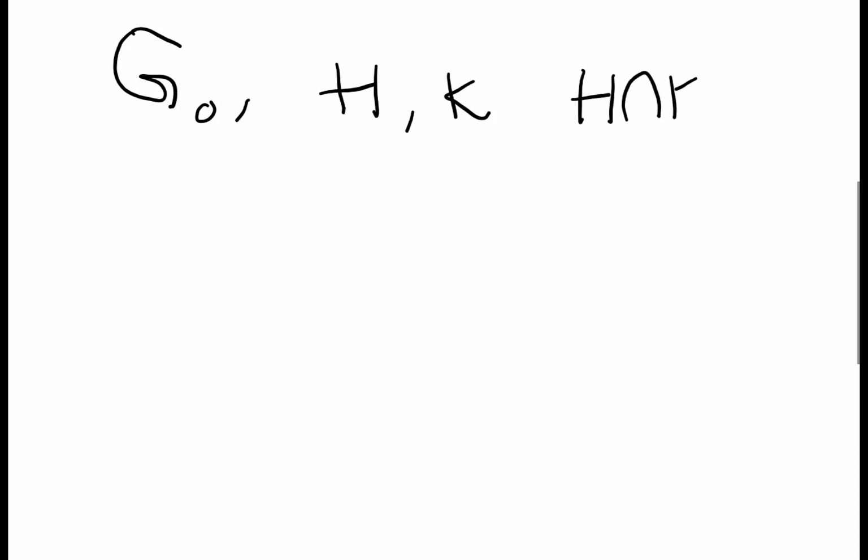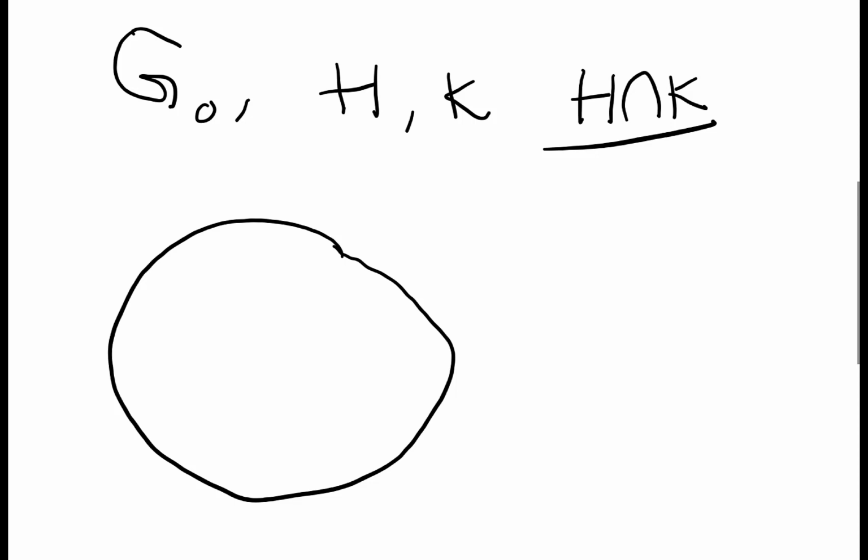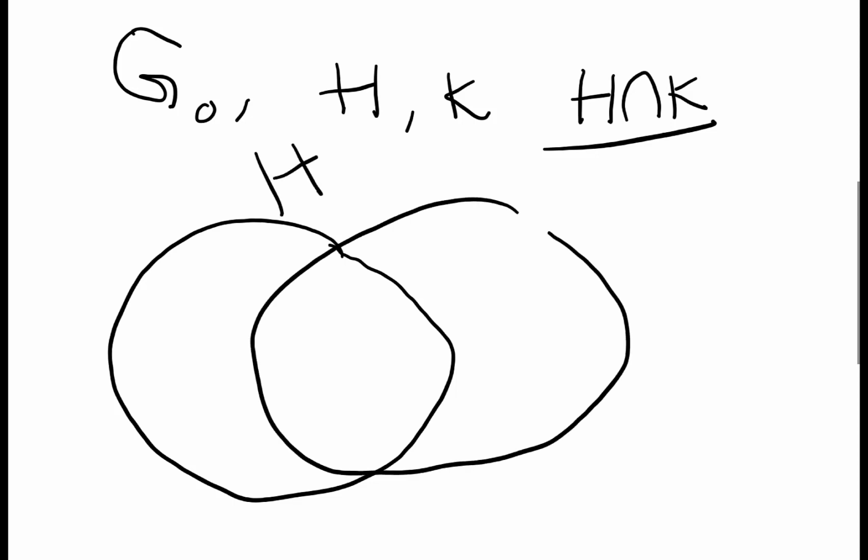So now we have G, a group, with binary operation O, and H and K are subgroups. And we would like to see if H intersection K is a subgroup. So I'm just making a Venn diagram. This is H, this is K, and they will have a non-empty intersection because identity is in both of them.